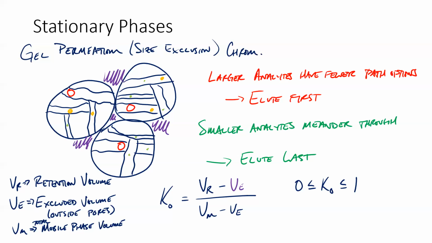Okay. If you're doing this for polymer studies, you would have a certain column, you'd have some known compounds, and you'd make yourself a calibration curve. You would say, okay, I have this polymer with a molecular weight of 40,000, and it has a K0 of 0.7.